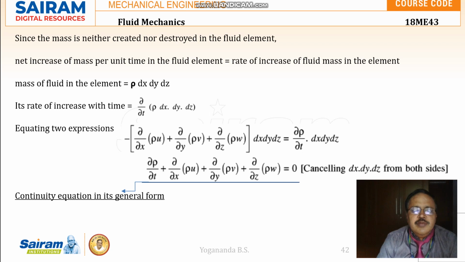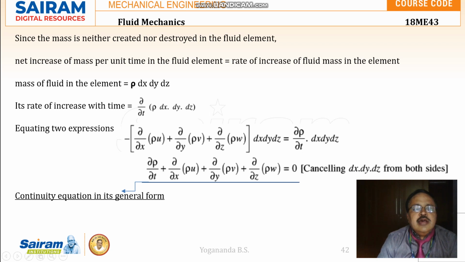We know from the conservation of mass that mass is neither created nor destroyed in the fluid element. So we take that the net increase of mass per unit time in the fluid element is equal to the increase of fluid mass in the element.